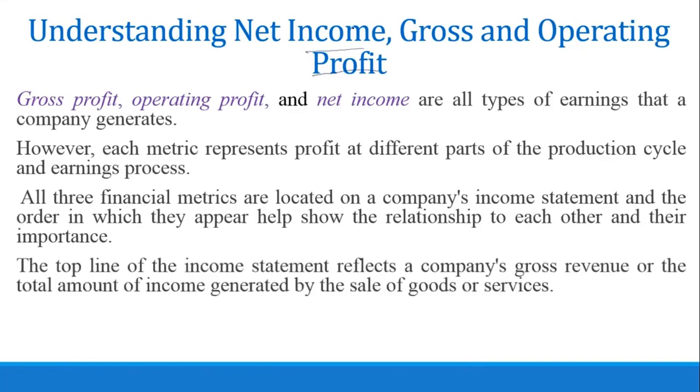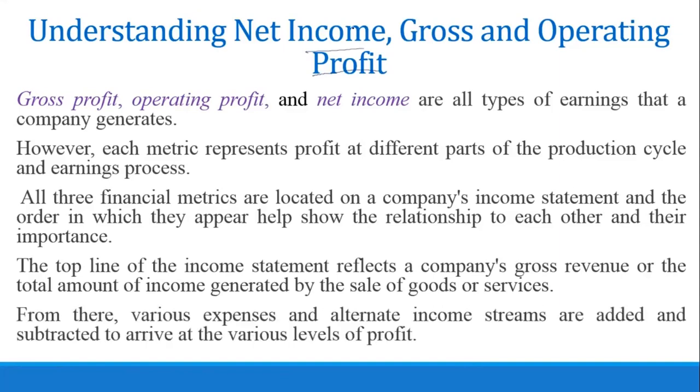Okay? So, the top line of the income statement reflects a company's gross revenue or the total amount of income generated by the sale of goods or services. Okay, so from there, various expenses and alternate income streams are added and subtracted to arrive at the various levels of profit. Okay. Ayan.